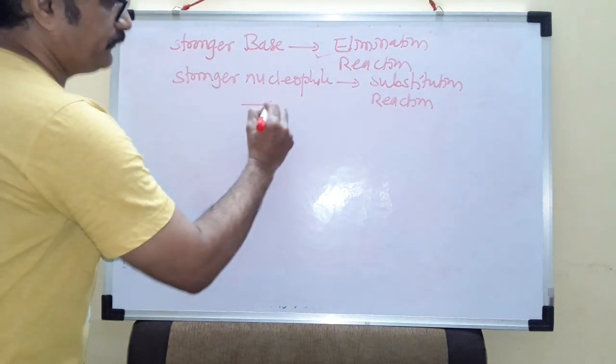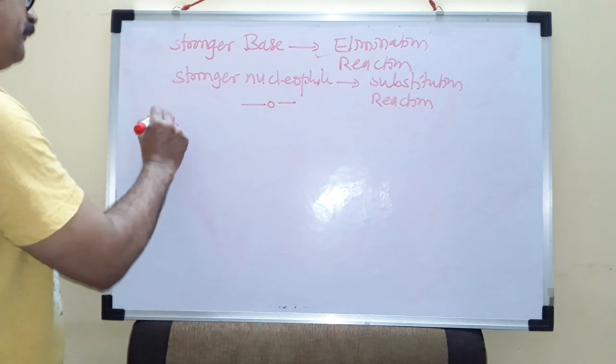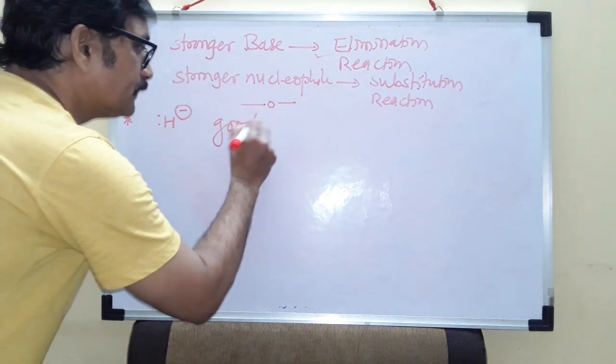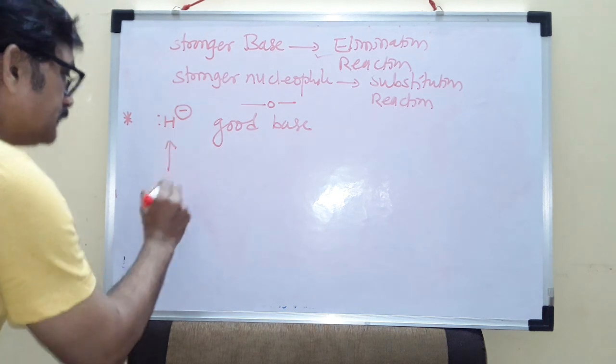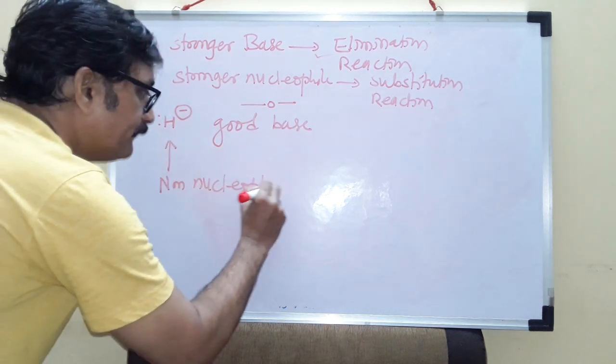This is the end of this topic, but I want to ask one question, particularly for hydride ion. A very, very tricky question. Hydride ion is a good base, but it is non-nucleophilic. This is not a nucleophile.